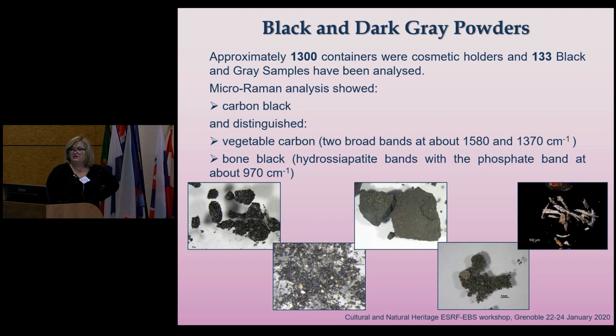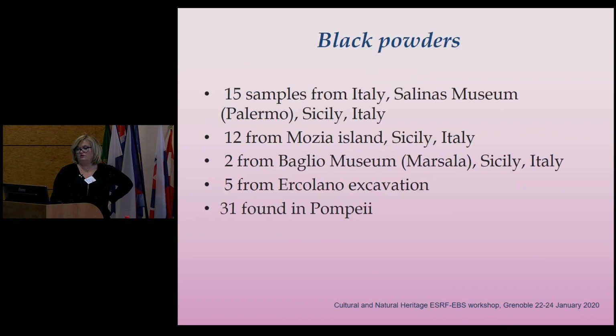There were 133 black powders found inside the ancient vessels. The vessels that we examined were 1,300. From the first microanalysis, carbon black was present, and vegetable and bone black we found due to some bands in some spectra and in some vessels, not all of them.